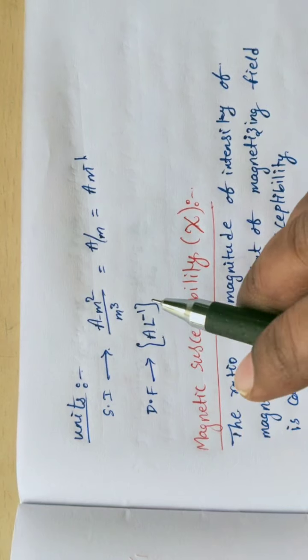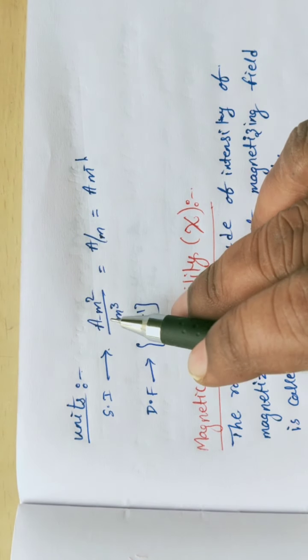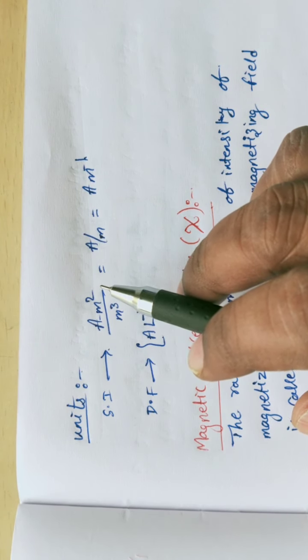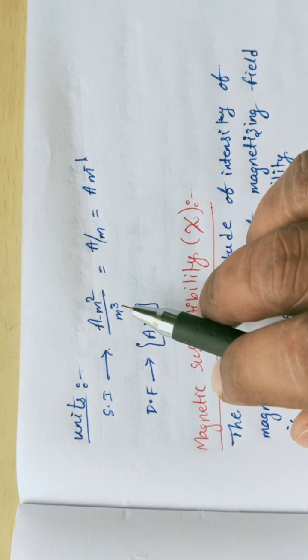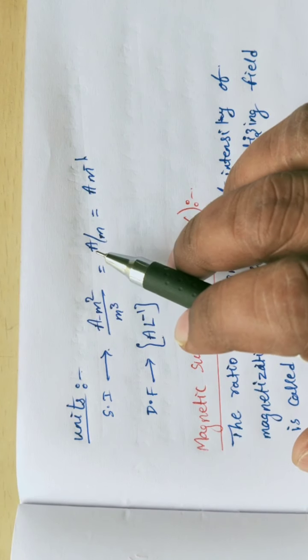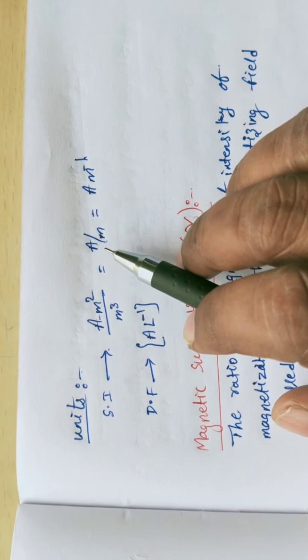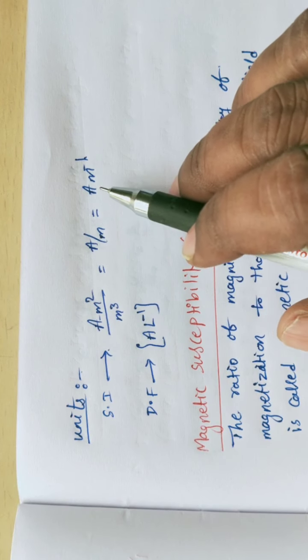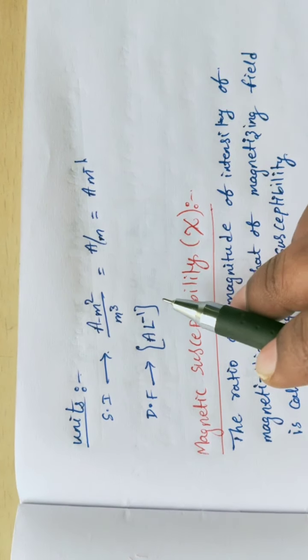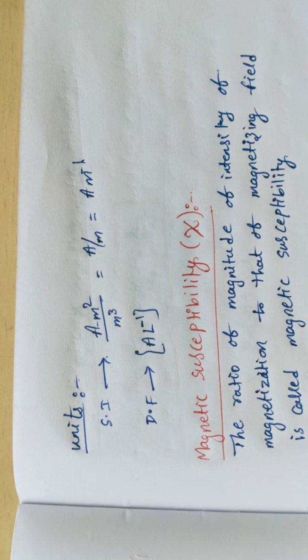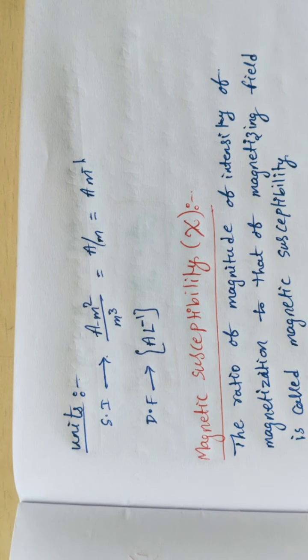Clearly mentioned here, students: ampere meter square is the unit of capital M, meter cube is for volume. So finally on simplification we get ampere per meter, or ampere meter inverse. The dimensional formula is A L power minus 1.